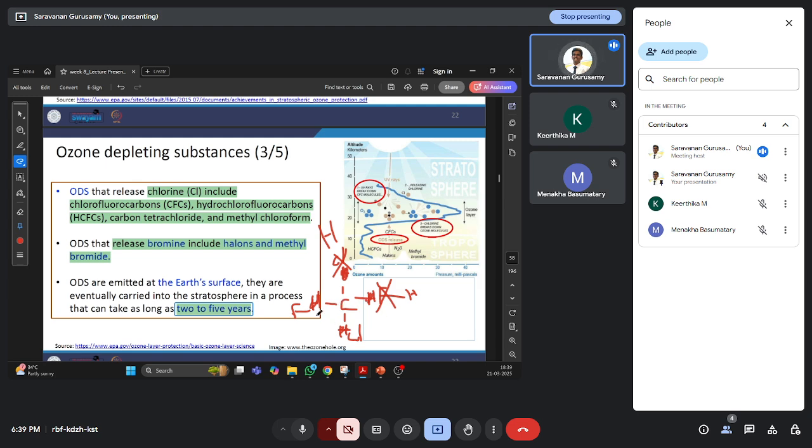hydrochlorofluorocarbon. Then they also took out the chlorine, so that's called hydrofluorocarbon, difluoro monochlorocarbon. With these different combinations they tried to reduce the ozone depletion impacts. Later they found that only fluorine would be better.